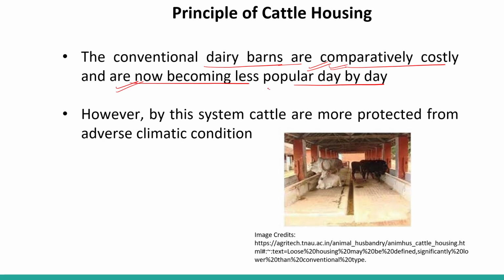That is why they are less popular day by day. However, by this system, cattle are more protected from the adverse climatic condition. This is the advantage of this type of housing facility to the cattle.